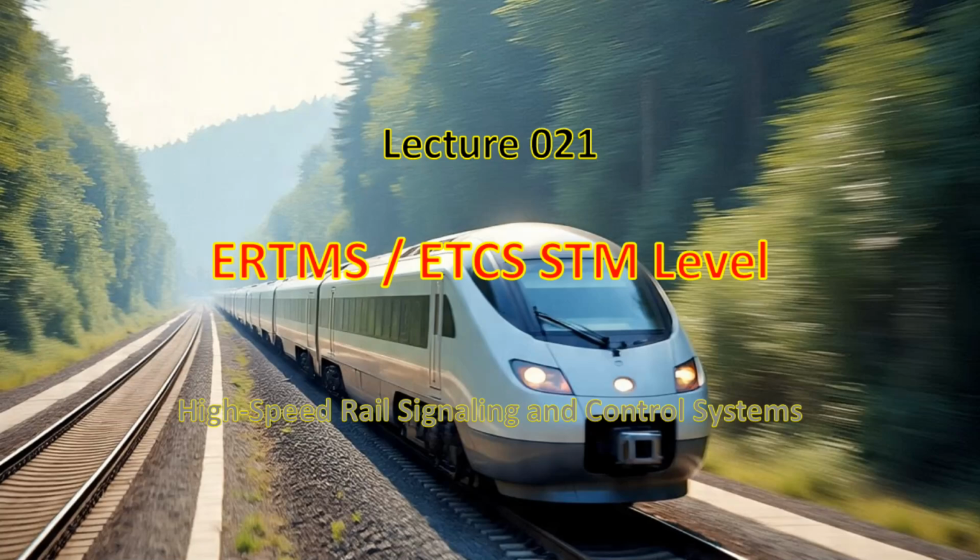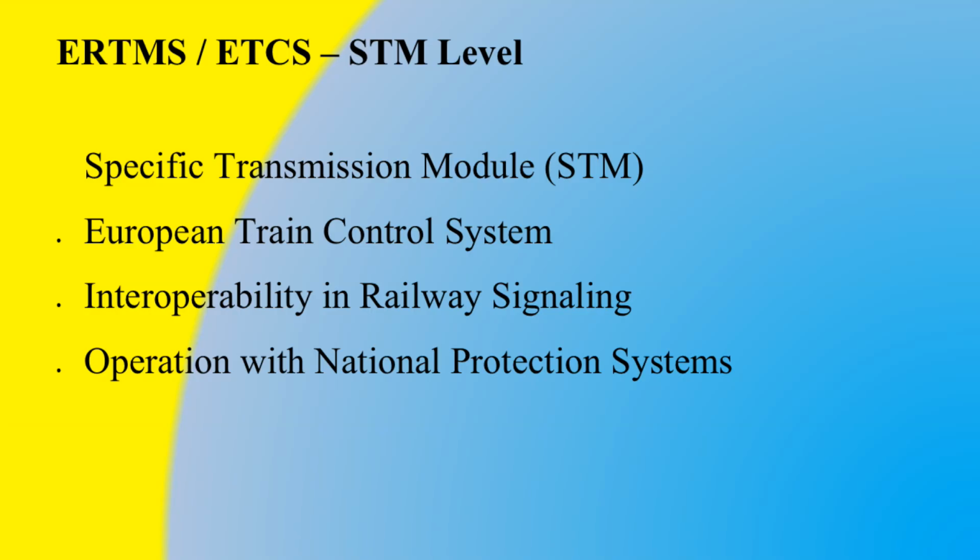Hello friends, today we are going to study ERTMS ETCS STM level, which stands for Specific Transmission Module Level. As we know, the European Rail Traffic Management System was developed in Europe to create a common and interoperable railway signaling system.